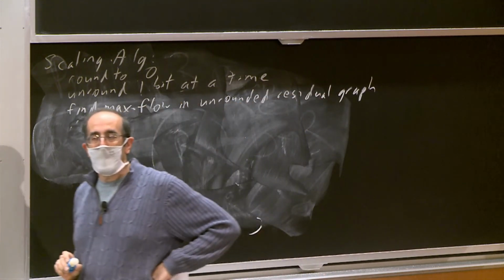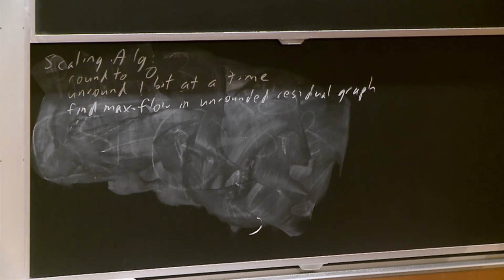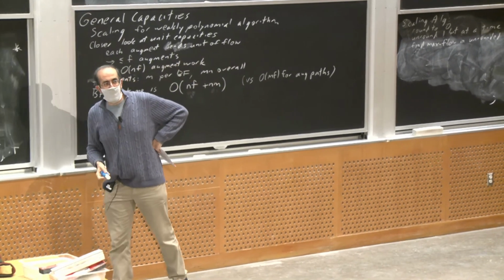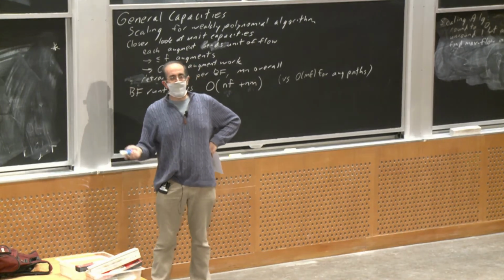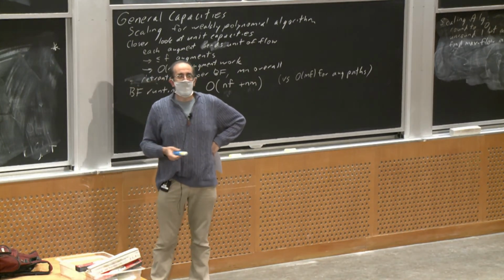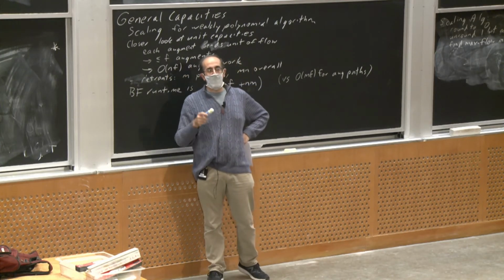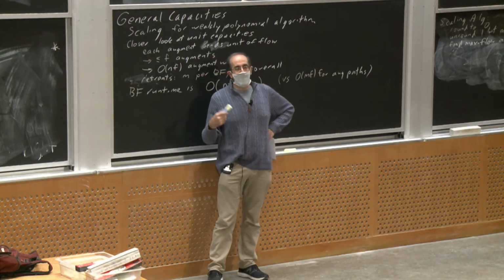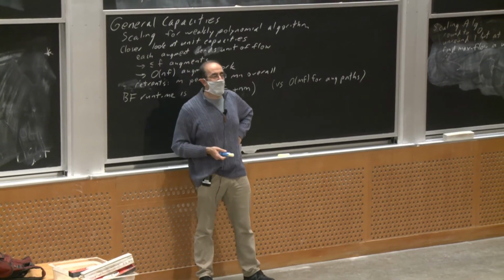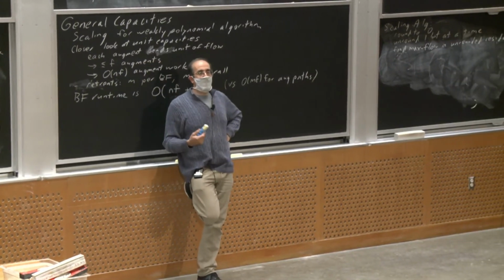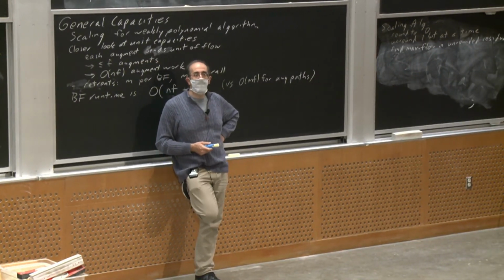Now, if you think back to the previous lecture, what can we say about the max flow that we're finding in a single step? That is, when we do our unrounding and we scale in 1 additional bit, what can we say about the max flow that we need to find?